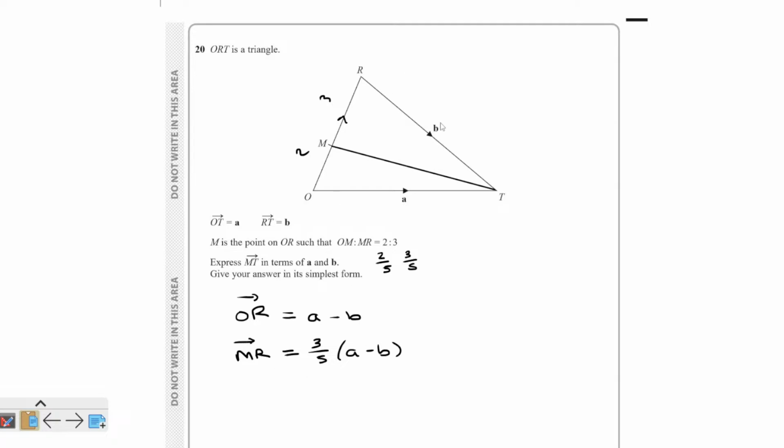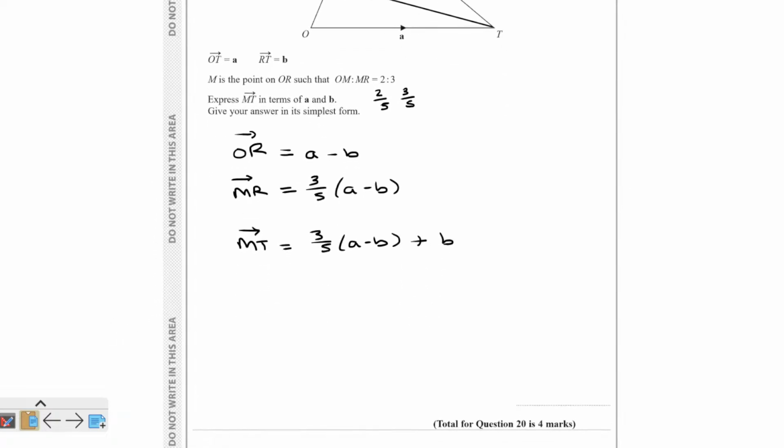And now I can work out M to T, because I go M to R, which we've just said is 3/5 (A minus B), and then I go the correct direction along R to T, which I know is just B. So that's an expression for M to T. However, they have said give your answer in its simplest form. So at this point, it's just algebra, isn't it? Expanding, simplifying, collecting like terms.